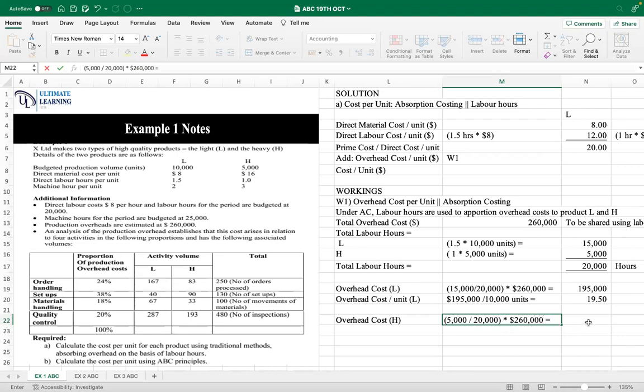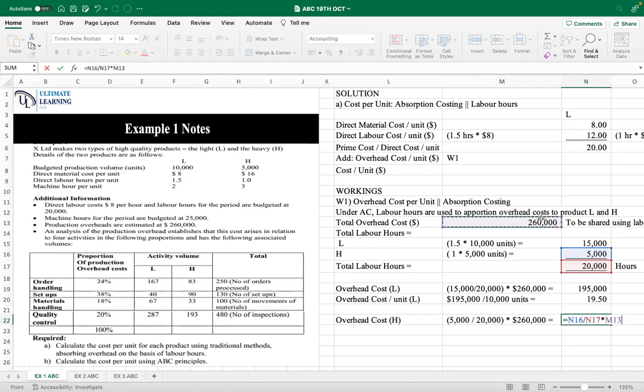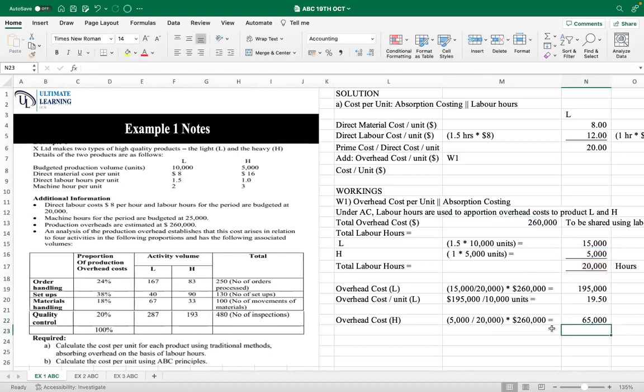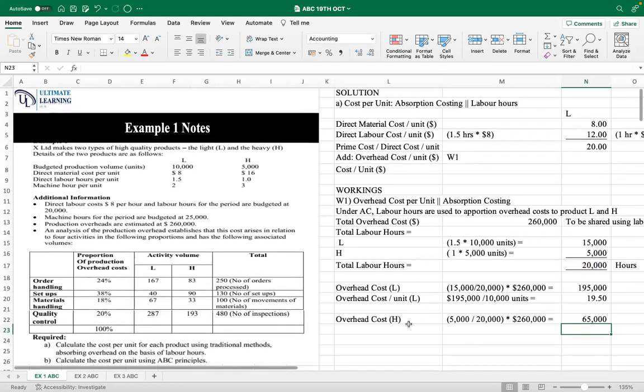So what will that give us? 5,000 over 20,000 times 260,000 gives you 65,000.